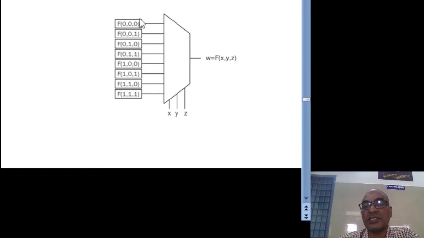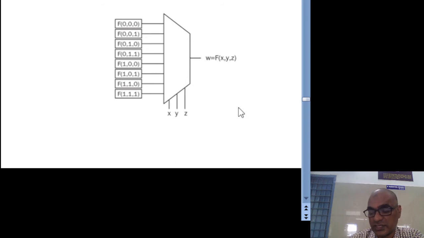Since the multiplexer has 8 inputs, it has 3 select lines, x, y, z. For any combination of x, y, z, one of the 8 inputs is connected to the output. Right? This is the lookup table realization using an 8 by 1 multiplexer.